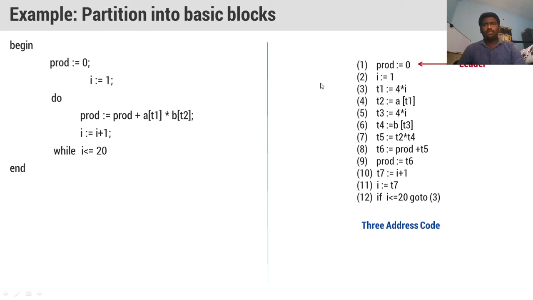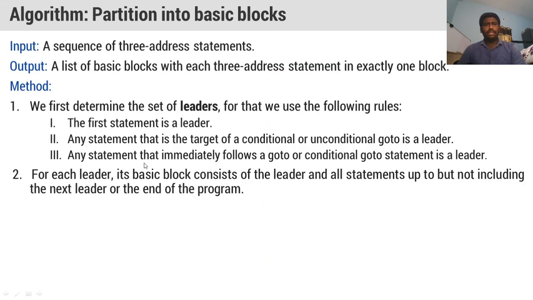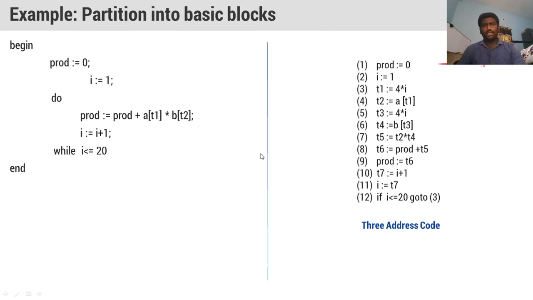Now in this example, our first statement is a leader, and our next rule is that any statement that is the target of a conditional goto is also a leader. When we go to the statement I less than or equal to 20, we jump to statement 3. That's why the third statement is also a leader.